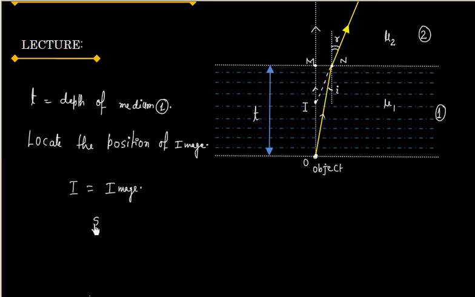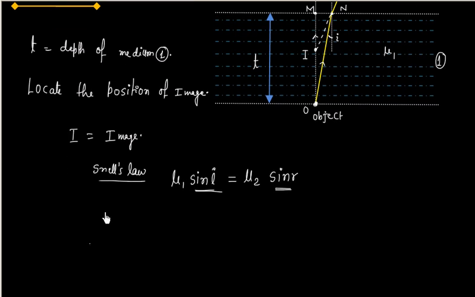We can apply Snell's law, that is mu1 sin I is equal to mu2 sin R. Now sin I and sin R can also be calculated from geometry.